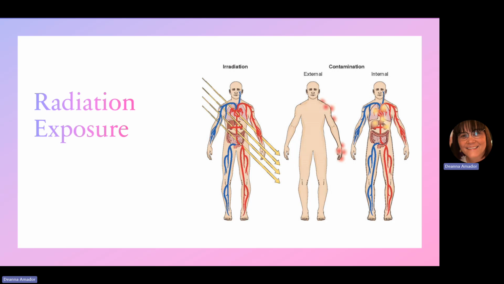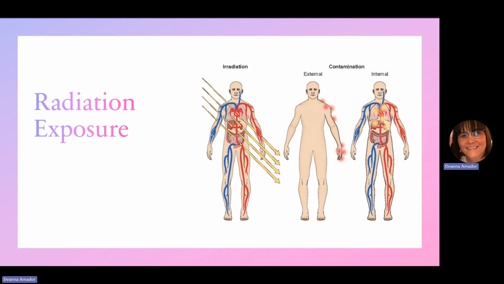Clinical manifestations that can happen are nausea, vomiting, anorexia, diarrhea, fever, and mild skin erythema. These symptoms start within minutes to days after the exposure and can last for minutes or several days, and they can come and go.